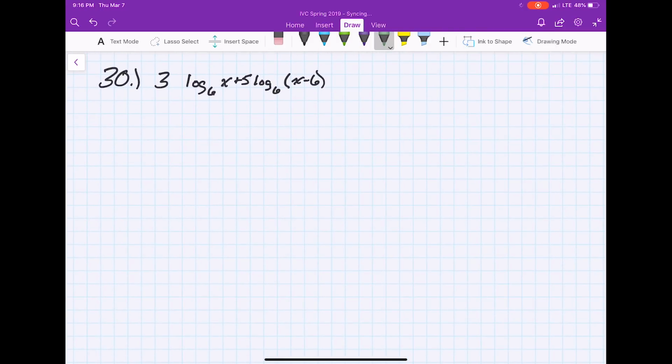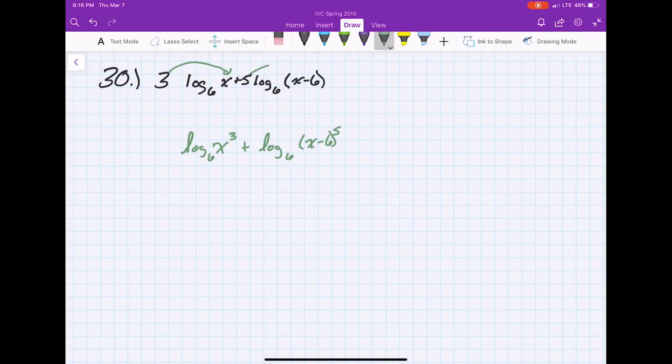We'll move on to number 30. Now this one's pretty easy because it's just a plus, so it's really going to turn it into a multiplication. So we have to put our exponents to our groups here. So log sub 6 of x to the third plus log sub 6 of the quantity x minus 6 to the fifth. Oh boy.